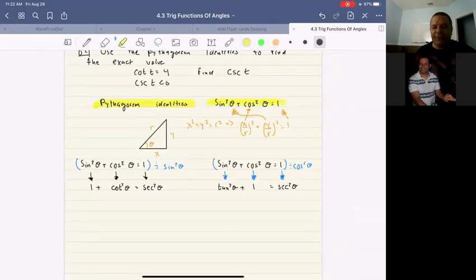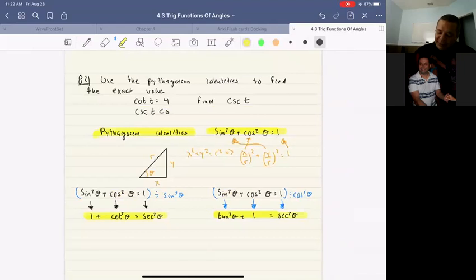Sine squared of theta plus cosine squared of theta equals 1. 1 plus cotangent squared of theta equals cosecant squared of theta. Tan squared of theta plus 1 equals secant squared of theta. Okay, so now let's take a look at this problem again.